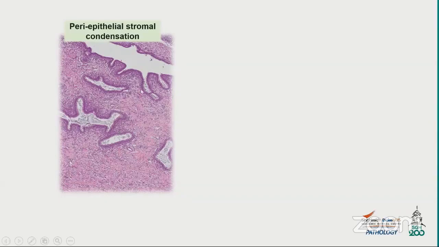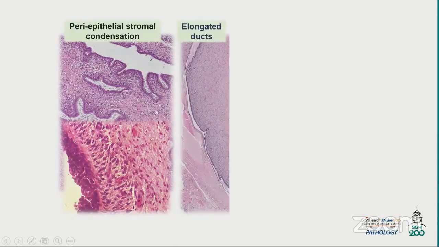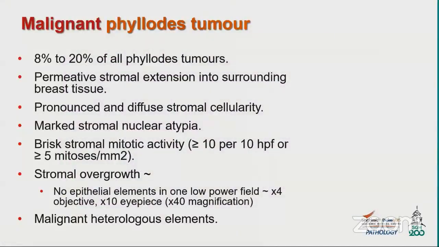Periepithelial stromal condensation is seen as these aggregates of stromal cells that hug the epithelium. Elongated, clefted ducts, which often give way to more typical areas of a phyllodes tumor. At the other end of the spectrum is the malignant phyllodes tumor, which comprises between 8 to 20% of all phyllodes neoplasms.